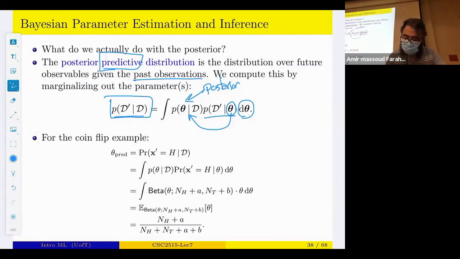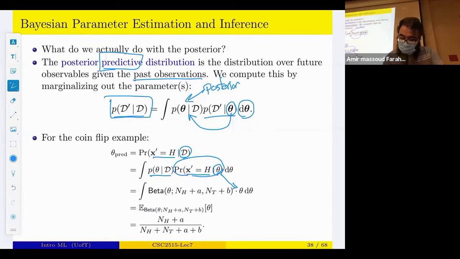So how does it look? The probability of x prime, the next x, being head given data is P of x prime being head conditioned on some theta, times the probability of theta conditioned on the data, the posterior. The probability of x prime being head conditioned on theta is theta, because theta was defined as the probability of seeing a head.